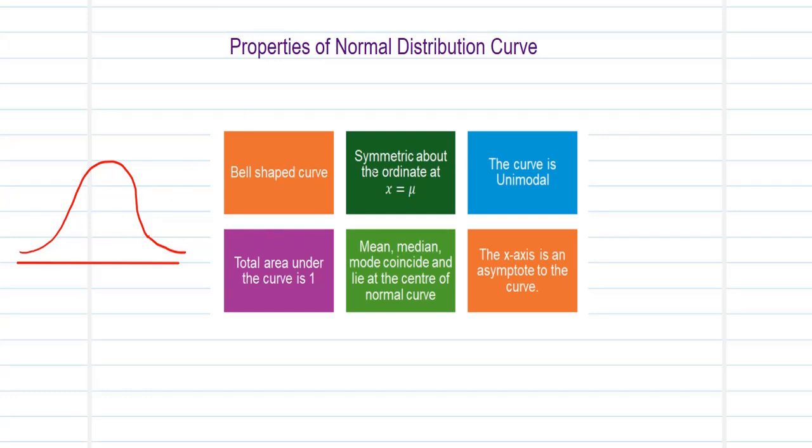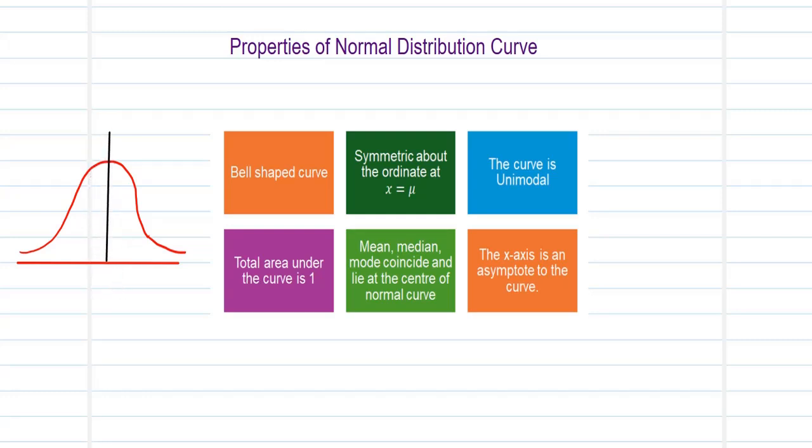It is symmetric about the ordinate at x equal to mu. Symmetric. What do you mean by symmetric? It is equal on both sides. So you say that it is going to be something like a mirror image. And where is the mirror image formed? About the ordinate. Ordinate means y-axis. And which line of your y-axis? Let us make it into the center.